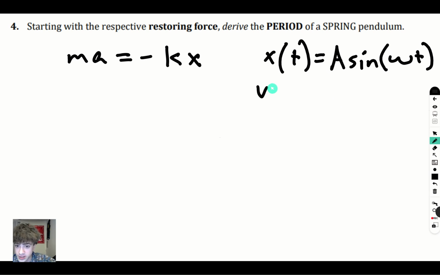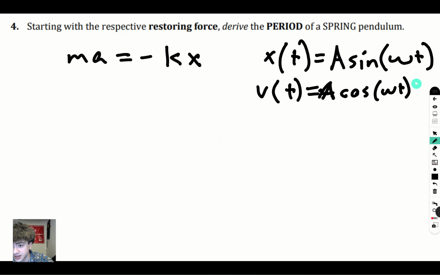The first one is going to give us our velocity in terms of time, which will be positive a cosine omega t times the derivative of the inside, which is just omega.